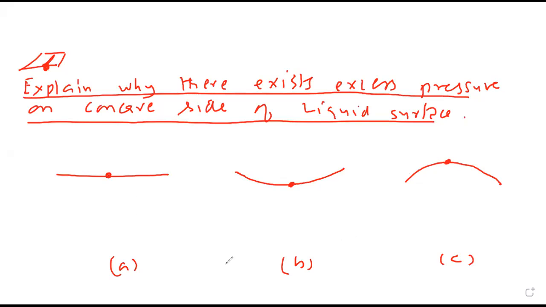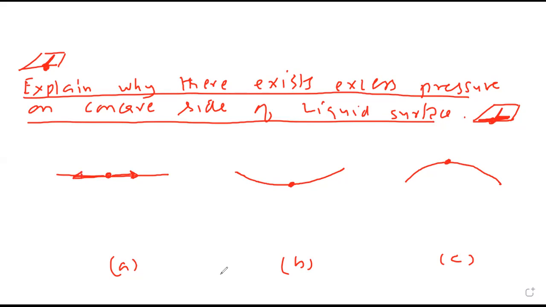The force perpendicular to the imaginary line per unit length is called surface tension. So like this dot I will be able to see, and the force due to surface tension will be like this.